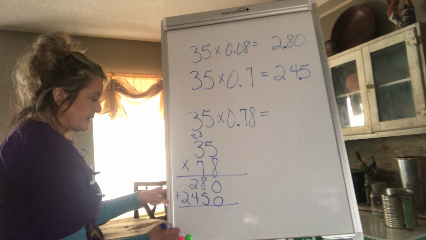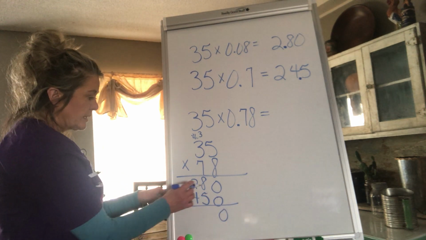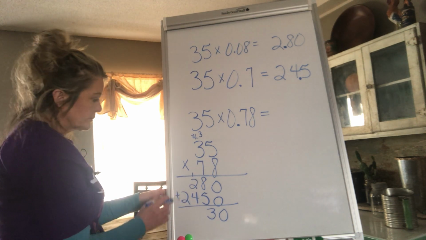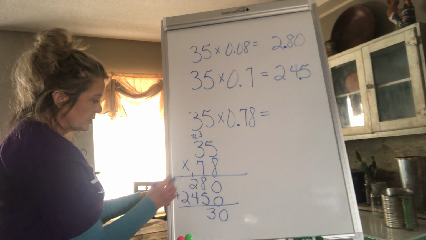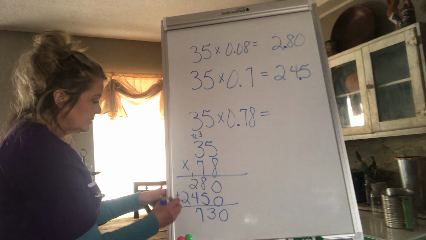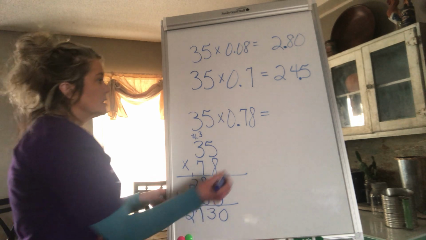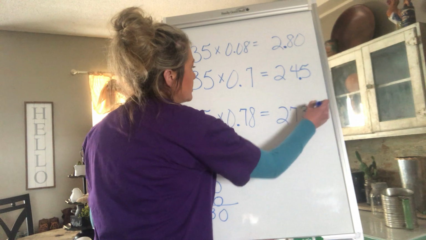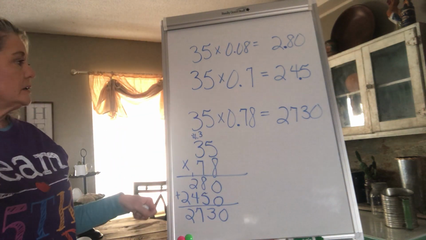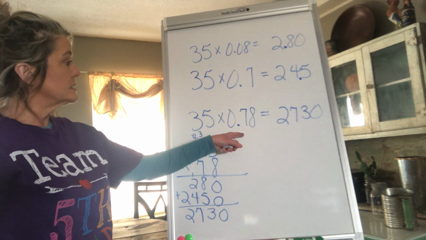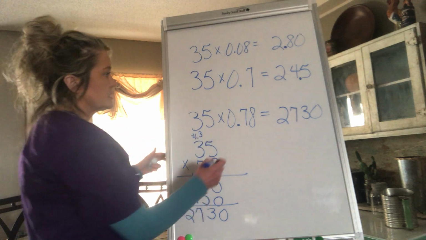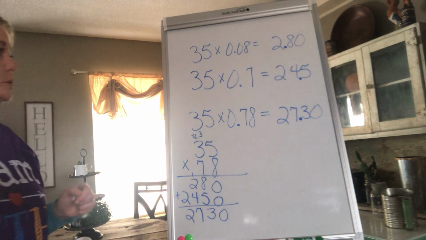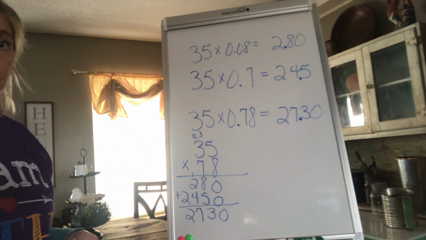And then we know we add, so we would have 0. 8 plus 5 is 13. Carry the 1. 2 plus 4 is 6. Plus the 1 that we carried is 7. And 2. So if we just do the whole number parts, we have 2,730. And then according to Kieran, we look in our problem and see, okay, it was to the hundredths place, so our answer needs to be to the hundredths place, which would be 27 and 30 hundredths.